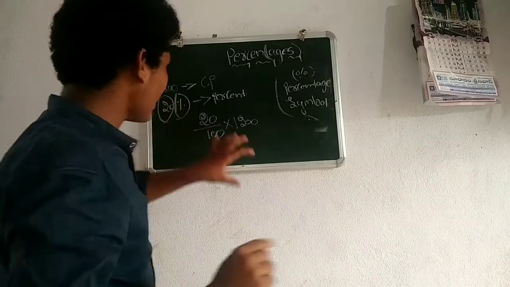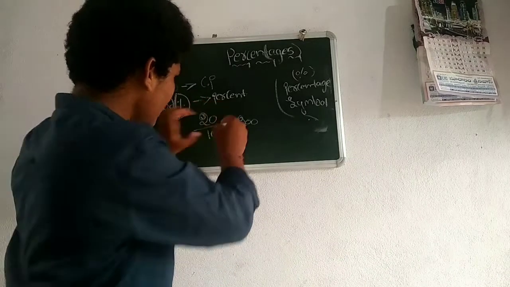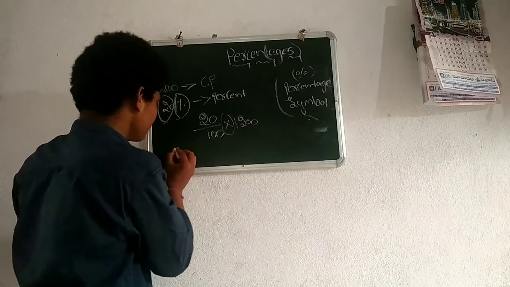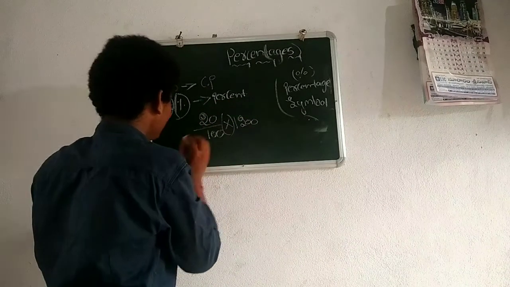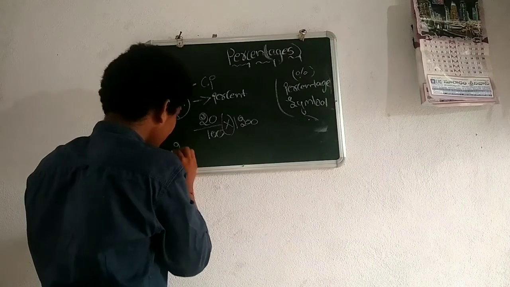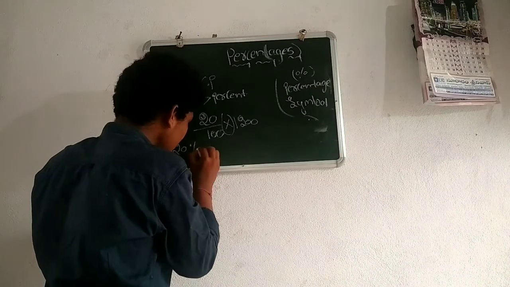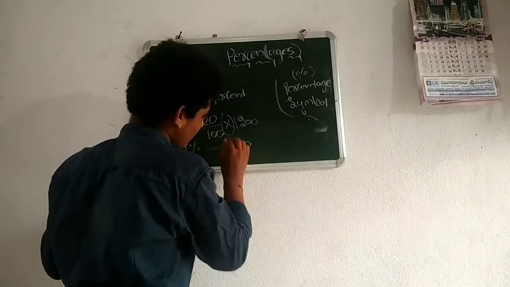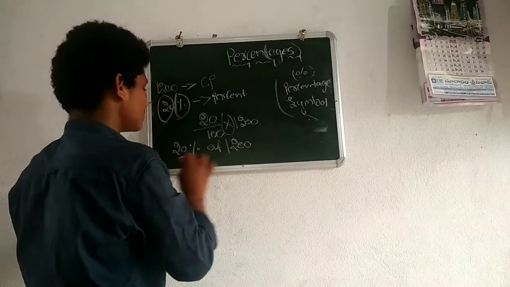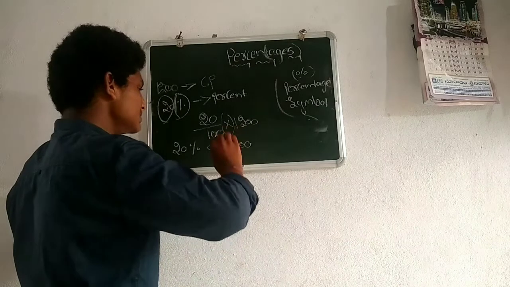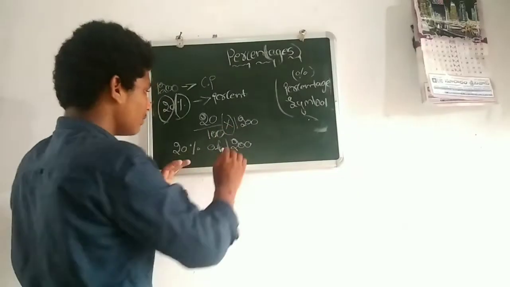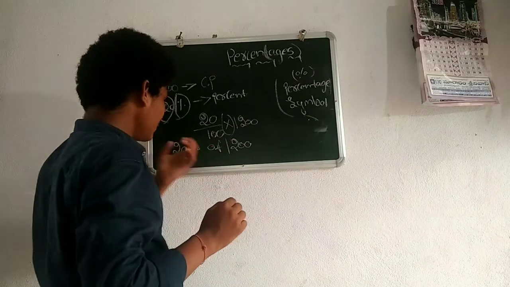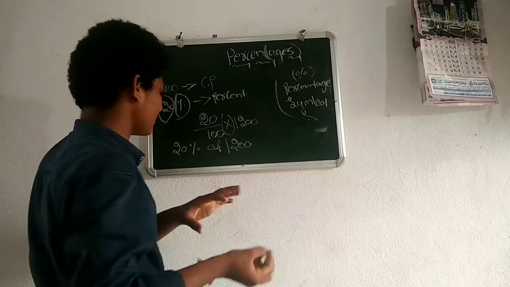You got a doubt? Why do we keep the multiplication symbol here? Okay, we got a question like this: 20% of 1200. 20% of 1200 means, in Telugu, 1200 కి 20% డిస్కౌంట్ ఉన్నదన్నమాట.